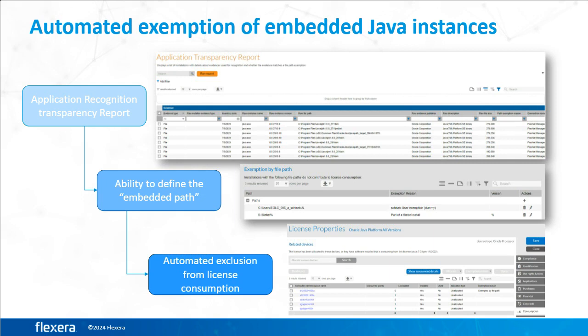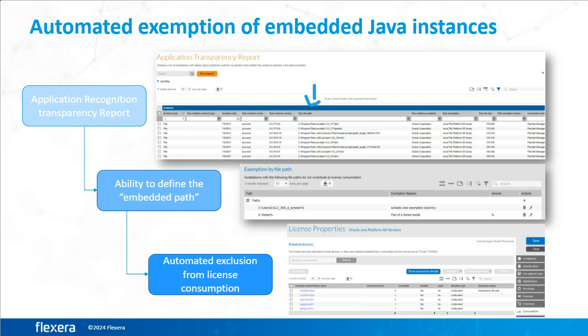So we have the application recognition transparency report that provides the path. I think it's too small to read, but here is the path. So file path, embedded path. There is a way in the license to define path patterns for exclusion, and then we have an automation to exclude these from license consumption.